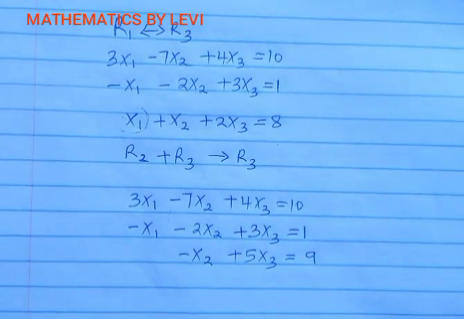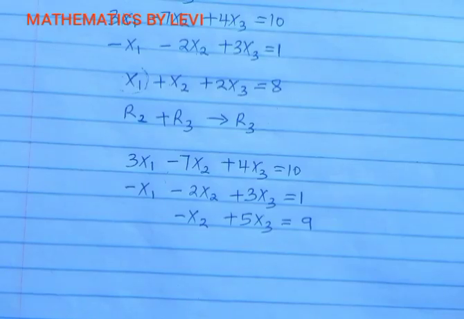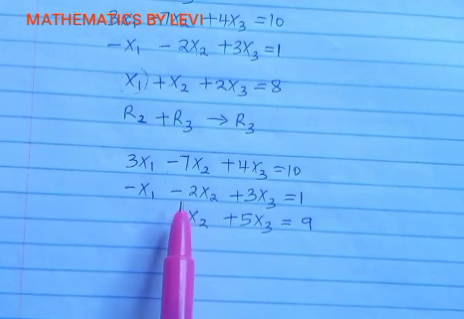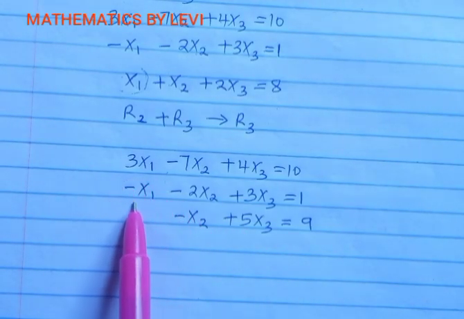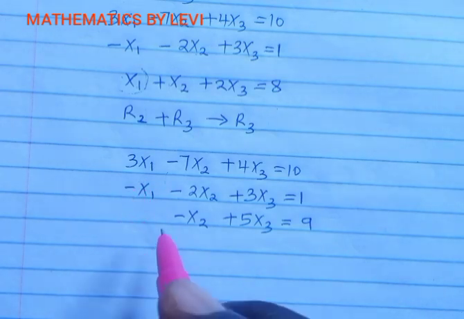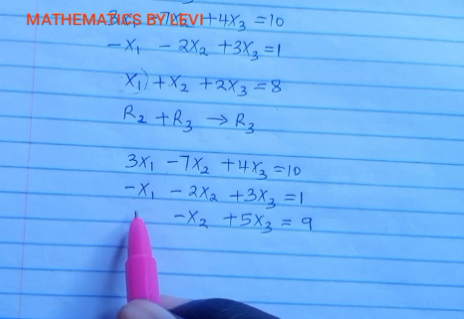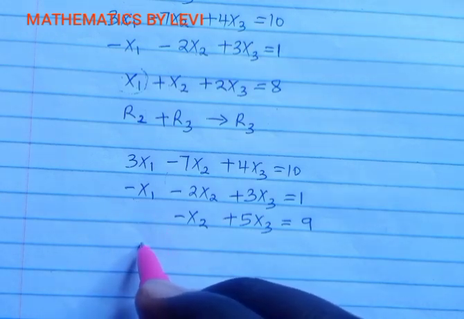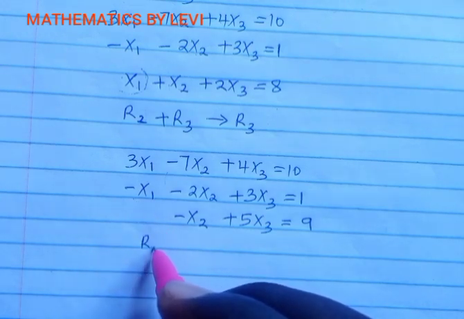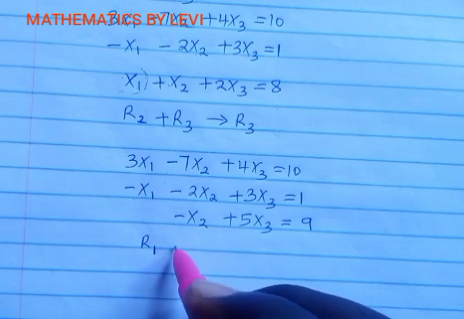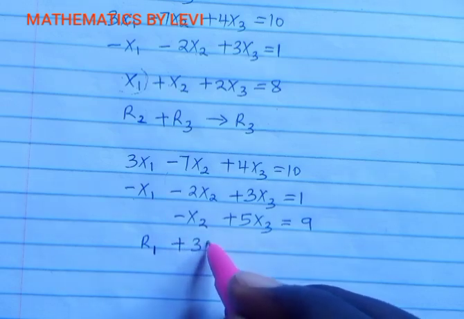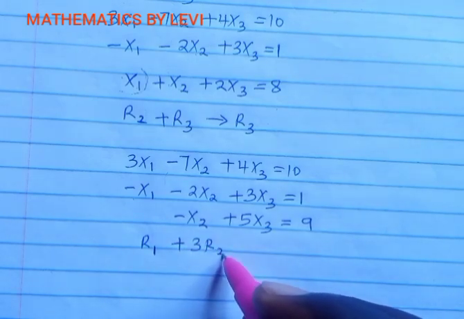Now, after eliminating x1 in the third row, let us move to the second row and eliminate x1 also. This is what we shall do to eliminate x1 in the third row. We shall have R1, which is row 1, plus 3 row 2.